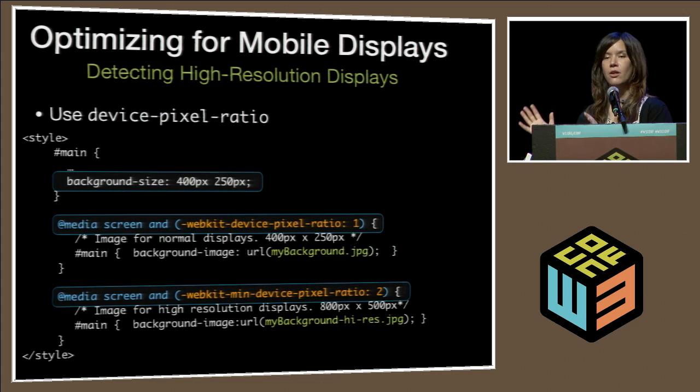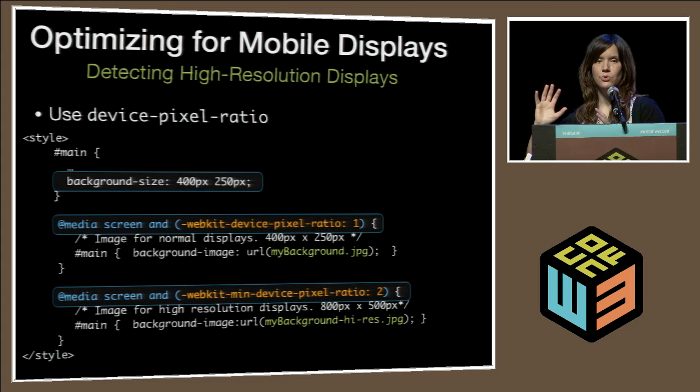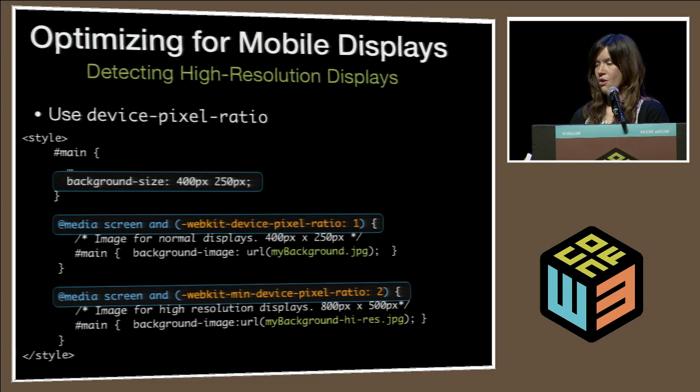In this example, what we're going to do to provide a really sharp image to the high-res display, I have an image, and I've set the background size, and the size of my actual image is 400 pixels by 250 pixels. For my normal display, I'm just going to serve that image as my background image.